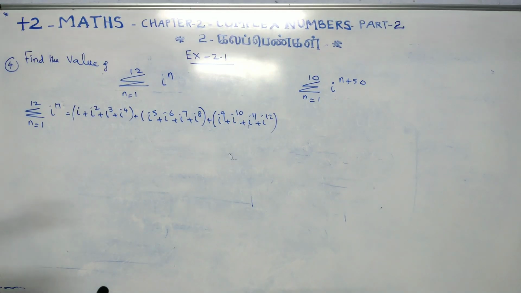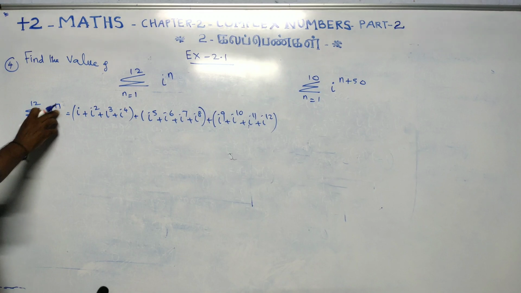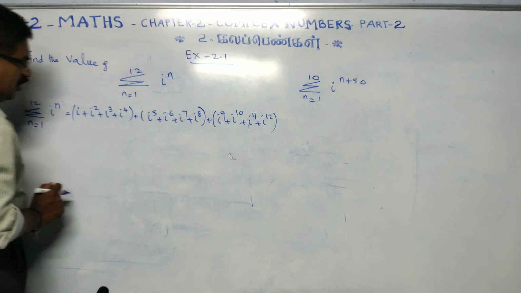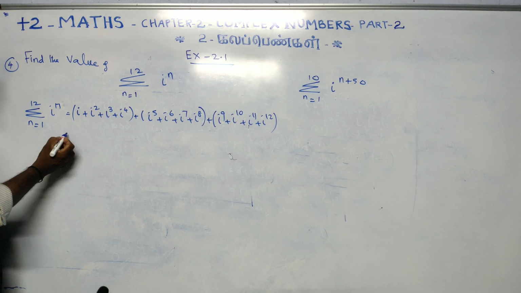We separate the terms. N takes the value from 1 to 12. Now we give the values. This is the summation of the terms from 1 to 12, so I give n equal to 1, 2, 3 up to 12. These are all terms being added.